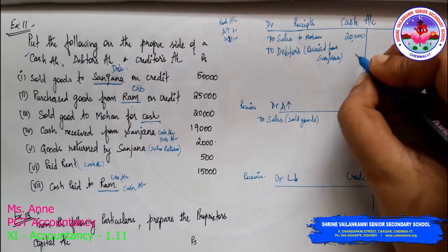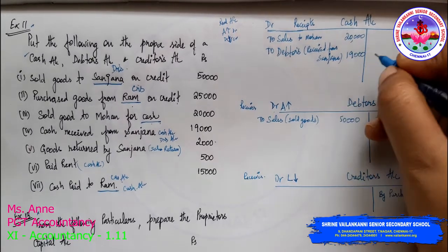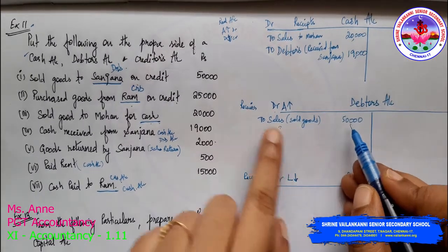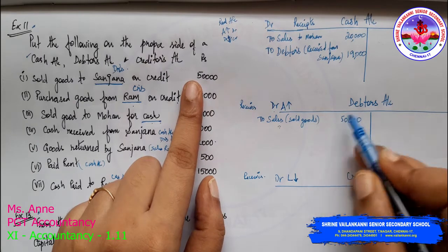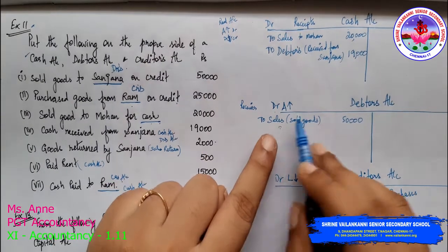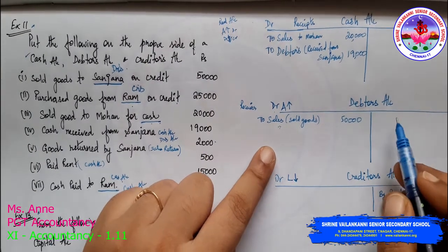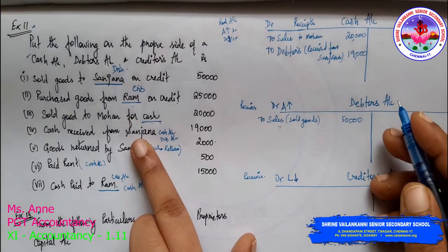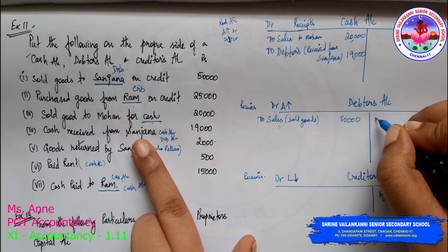Okay, 19,000. Now, we have sold goods to Sanjana. This transaction you remember. But now we have received the money. Obviously, now debtors would be decreasing, or Sanjana is the giver of the cash, right? So you will write it this way.